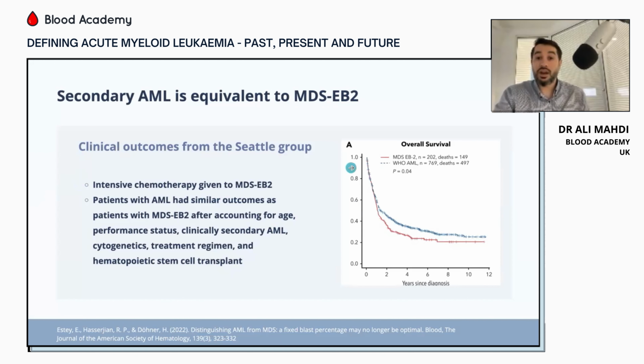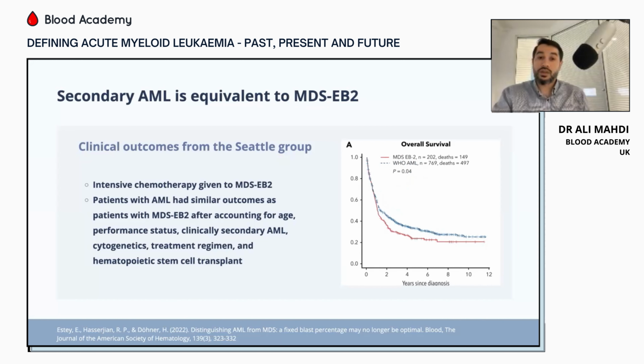And you can see here that overall, the outcomes were slightly different. So MDS excess blasts 2 in red, and acute myeloid leukemia, 20% or more blasts, overall were different statistically. But if you took into account various other patient factors, including the patient's age, the performance status, the cytogenetics, etc., and whether they received a hematopoietic stem cell transplant, there was no difference in terms of outcomes between the two groups.